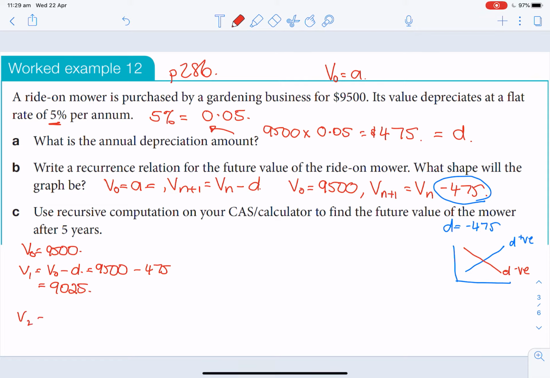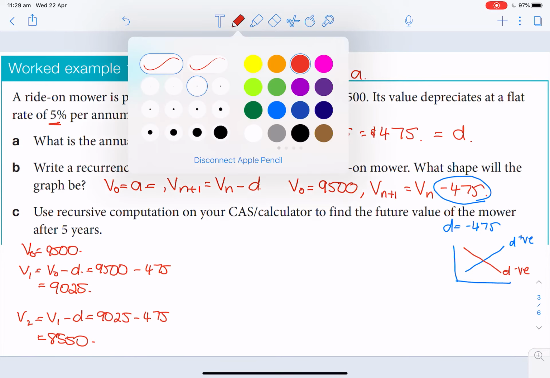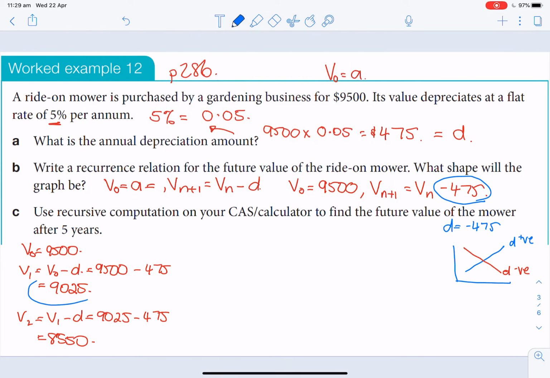V of 2 equals V of 1 minus D, and I use my previous figure, 9,025, take 475, equals 8,550. So all I'm doing is taking the previous term and popping it in as my new V of n value. I'll keep going through all the V values.